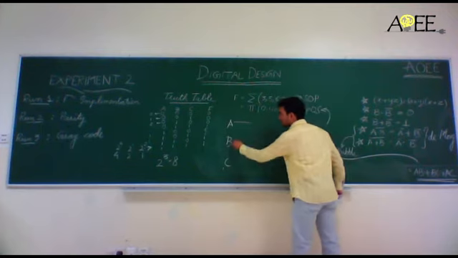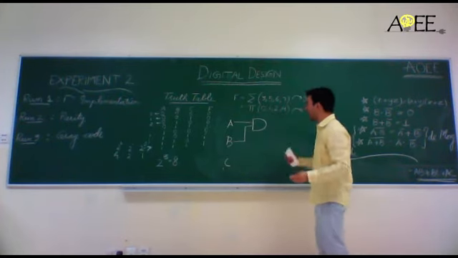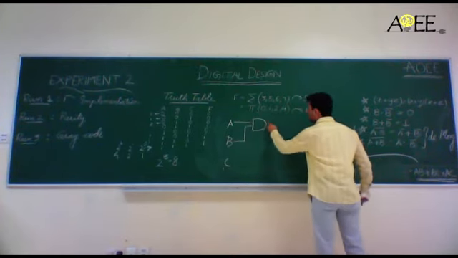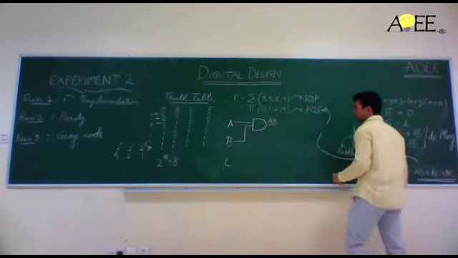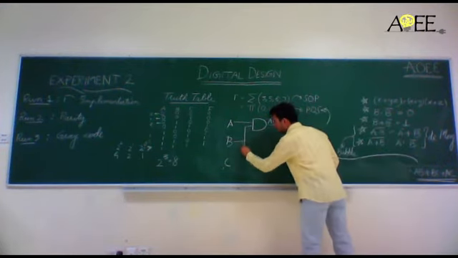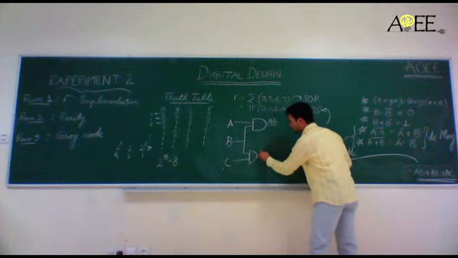Okay. So A, B. This is an AND gate. So the output will be AB. Now BC means again BC using an AND gate. The output is BC.